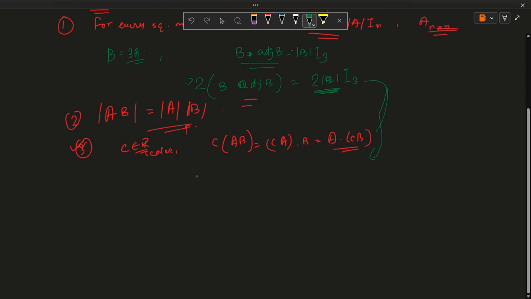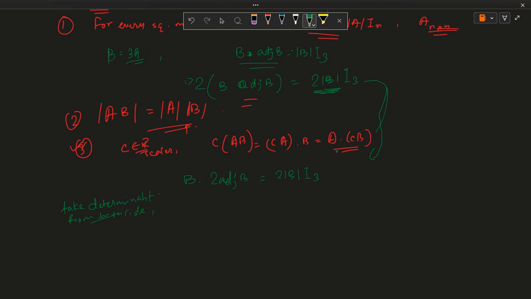Okay, so let's just write it down. So here we can write that B into 2 adjoint B equals 2 determinant of B into I3, and then we take determinant from both sides.